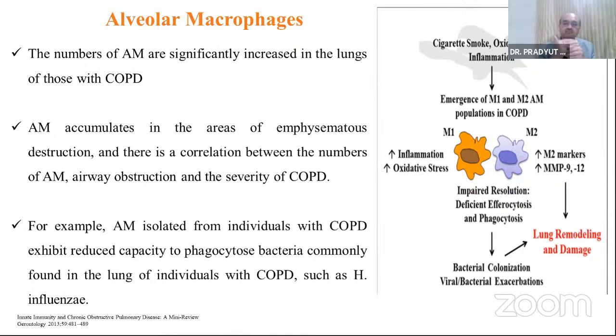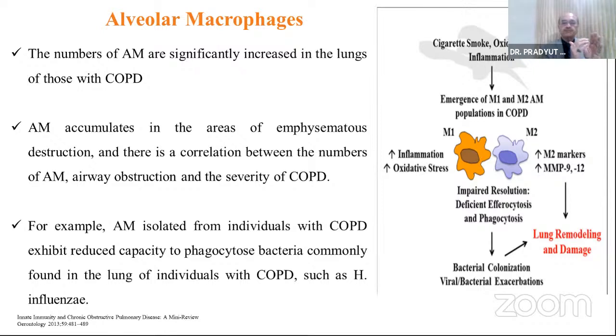In fact, these M1 and M2 cause increased inflammation, increased oxidative stress, and increased production of metalloproteinase MMP 9 and 12. And all these macrophages accumulate in the areas of the emphysematous destruction of the lung in COPD, and there has been a strong correlation found between the numbers of these defective macrophages and the severity of the COPD obstruction.